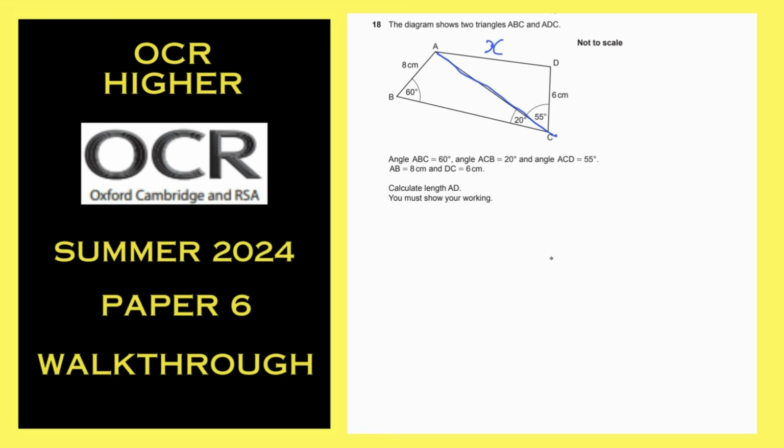We need to work on the first triangle and find the length of AC. We only have a side and the angle opposite. It's a sine rule question. The length A to C divided by the sine of the angle opposite is equal to the length of AB, 8, divided by the sine of the angle opposite.